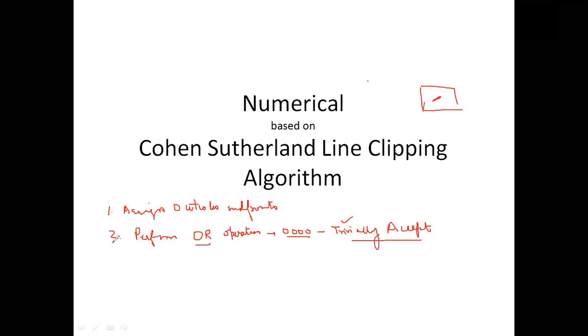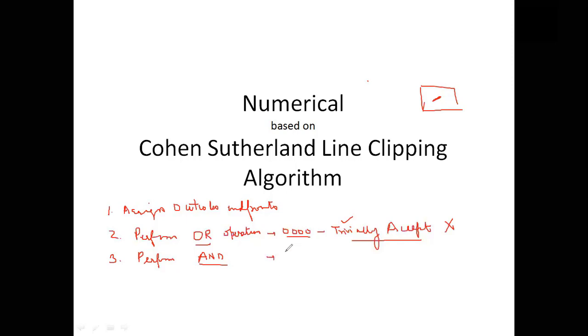Now the third point: if the line cannot be trivially accepted, then we perform an AND operation between the two outcodes of the line.